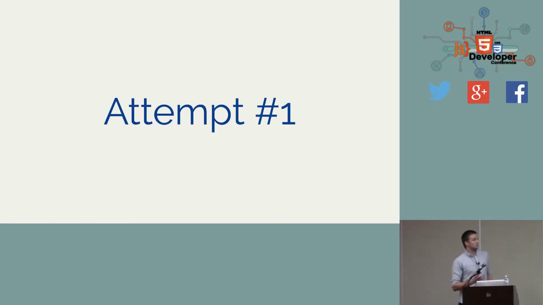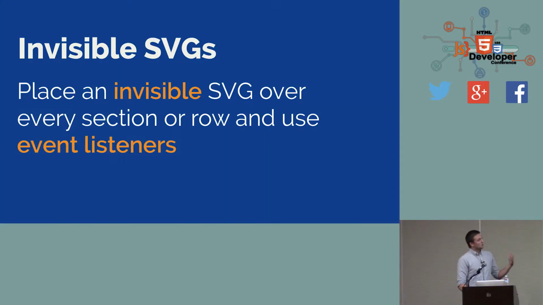So our first attempt at doing this: we have all of these SVG outlines for all the paths. These are already being passed to the front end, and we're showing them only when you hover over a marker.